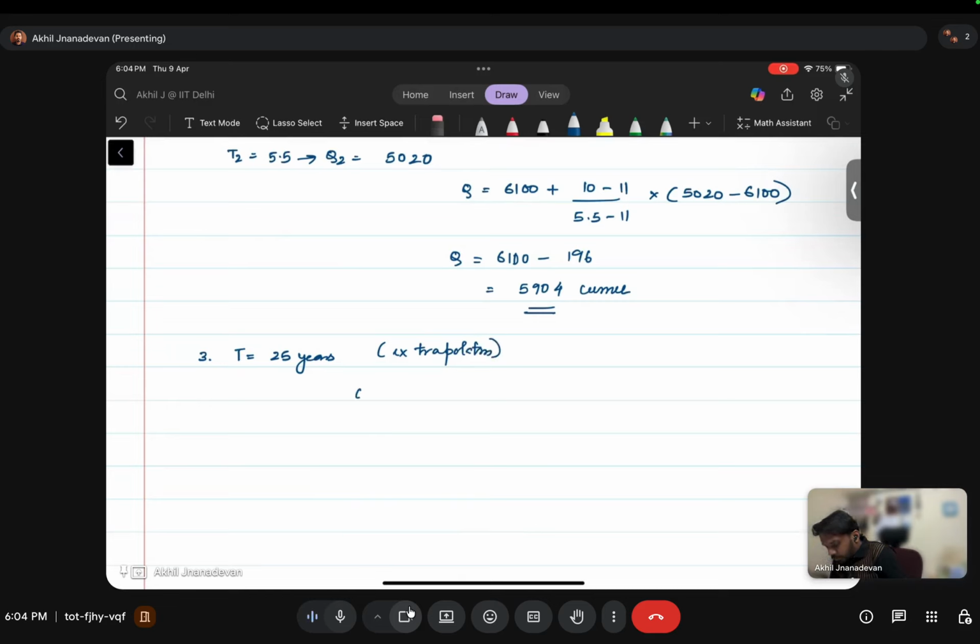So here Q will be 6100 plus 10 minus 11 by 5.5 minus 11, 5020 minus 6100, so this will be 6100 minus 196, that is equal to 5904 cubic.